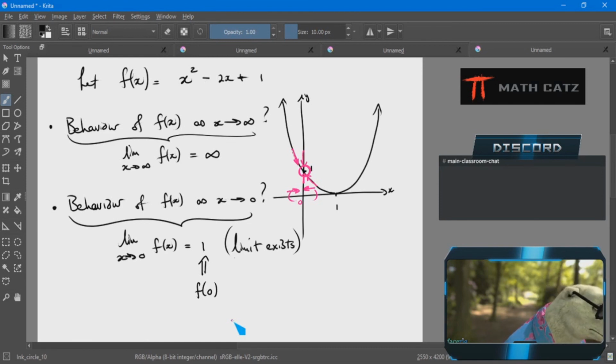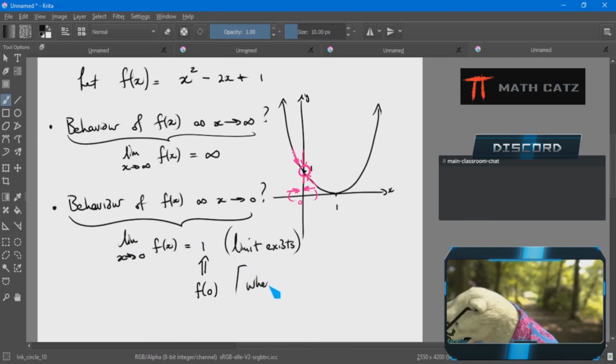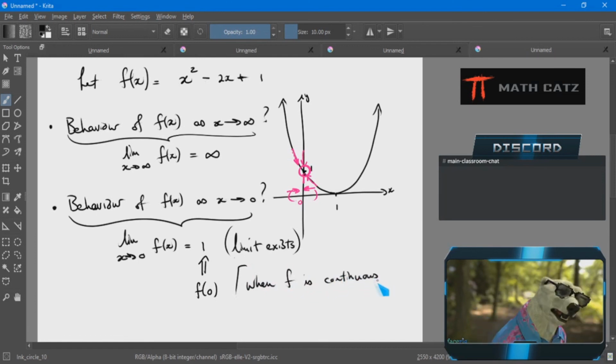Okay. So in the simplest case, the behavior question isn't really a strange new question. If I have a nice graph, I have a y value, it's going to be as simple as just plugging in the x value. Now, I don't want to make a big deal about this, but that's going to happen when my function is continuous at the x value.